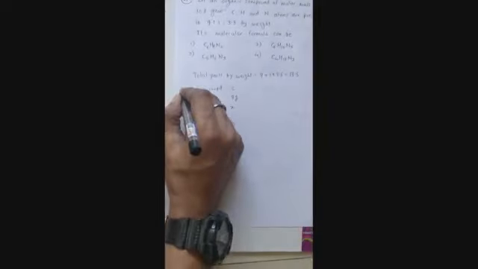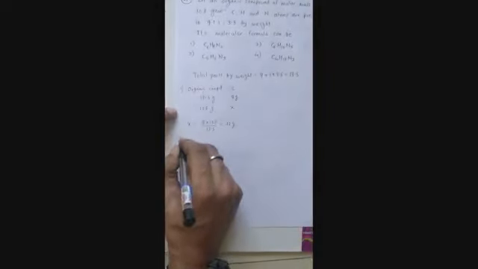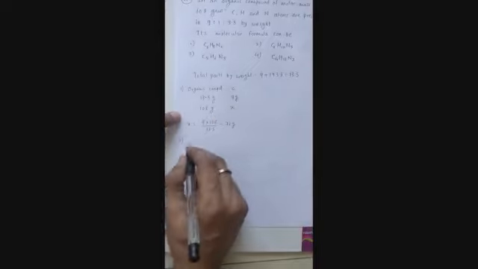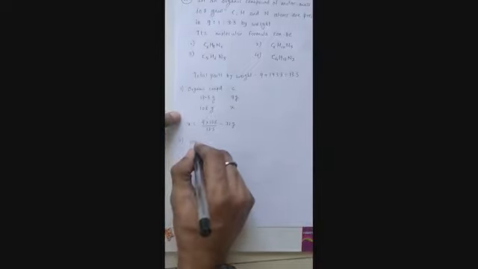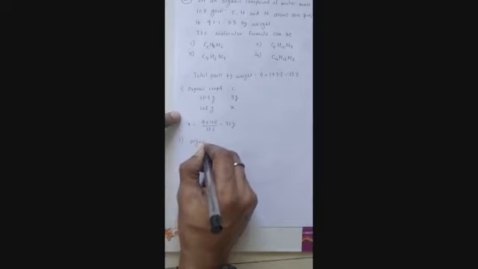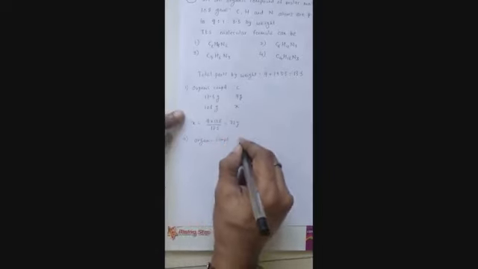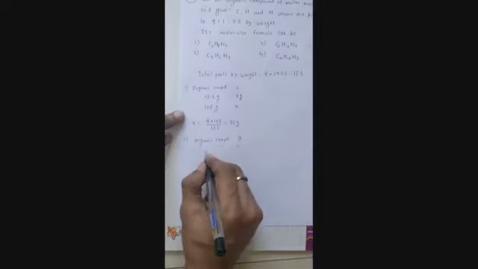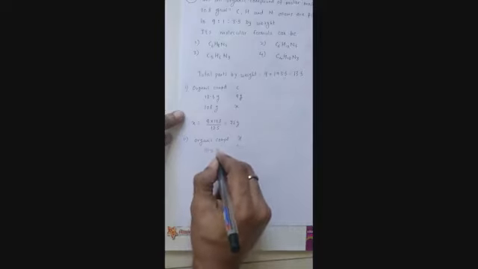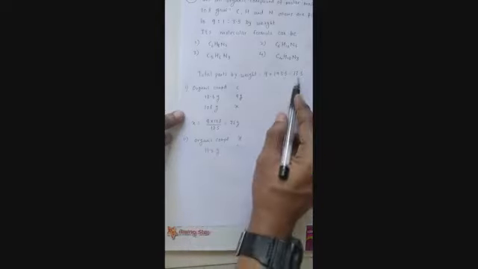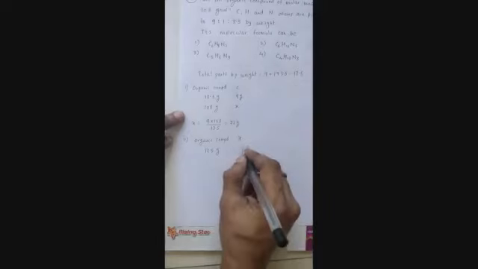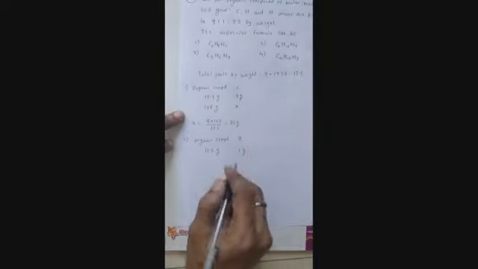In the same way, for hydrogen, if you see, the organic compound and hydrogen, when 13.5 grams of compound, we have 1 gram of hydrogen.